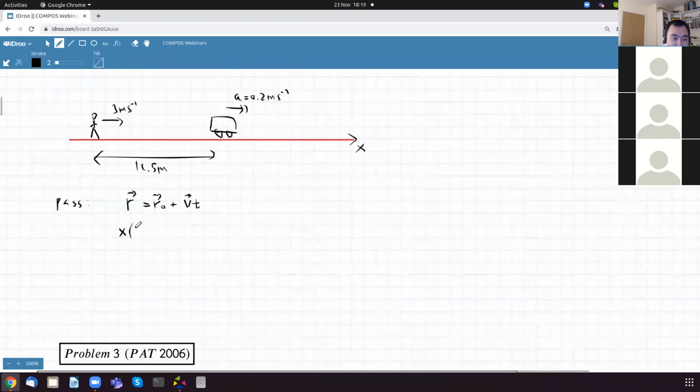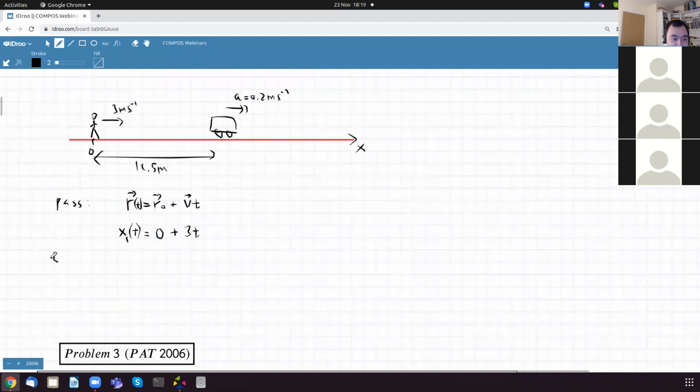So we can write x(t). This is r(t), a function of time, the initial position. We can assume that the passenger starts at position 0 plus velocity 3 times time. So this is the equation of motion of the passenger, x1.